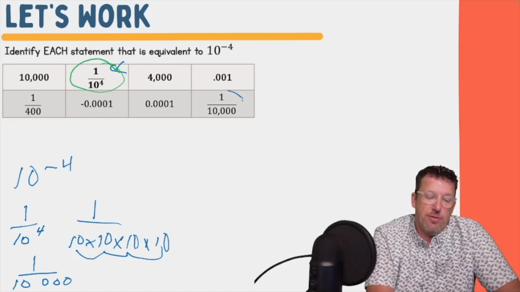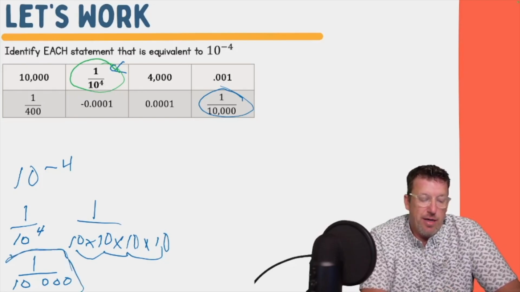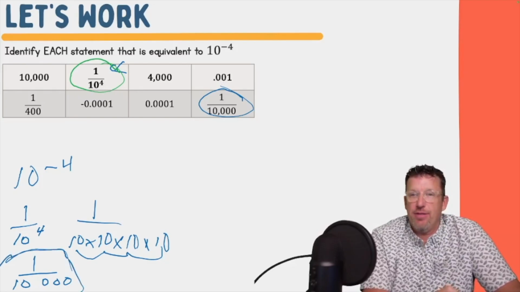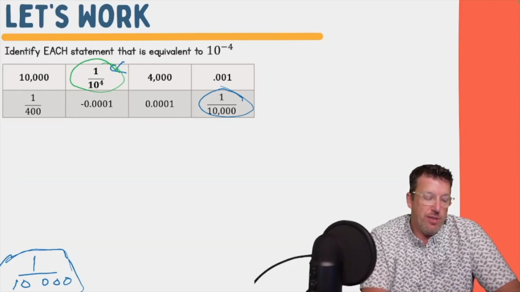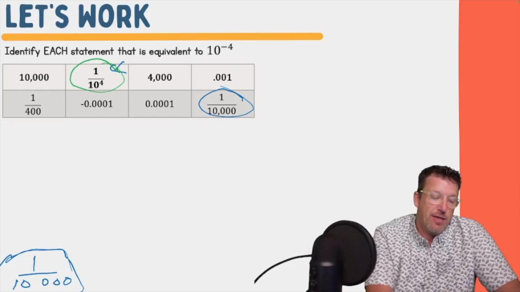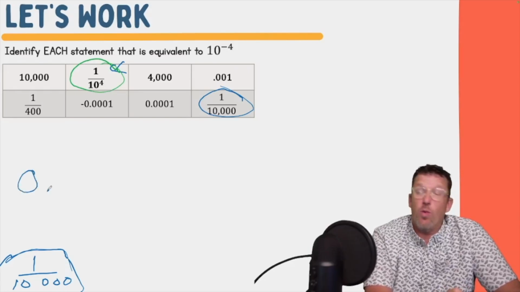Do you see that anywhere up there? Yes, you do. Okay. What about decimal form? Let's say this number right here. That is 1/10,000th. How many holes do we have in 1/10,000th? We don't have any. So that's our holes. Then we put a decimal. And then let's go place value wise. 1/10,000th.